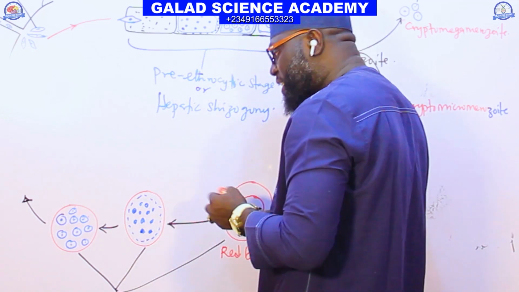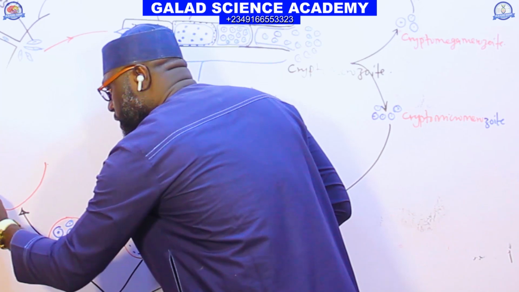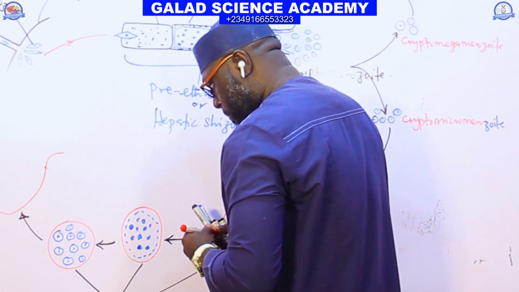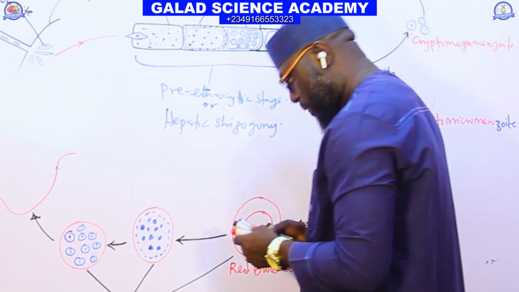So when the red blood cell bursts, it will produce two things.